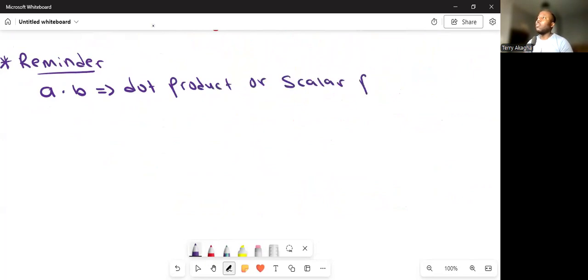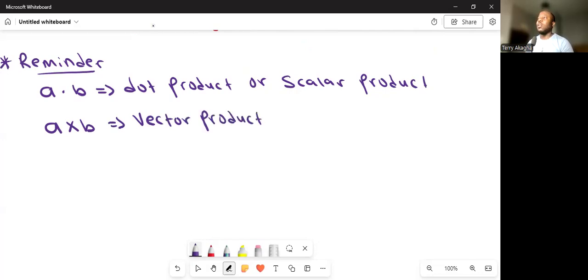But if it's written like this, they're asking you to do a vector product or a cross product. So you need to look at the question and be very, very sure. If the question is given to you in this way, they want you to do a dot product, but if it's written like this, they want you to do a vector product when you're working with vectors. Please don't forget that, it's very important.